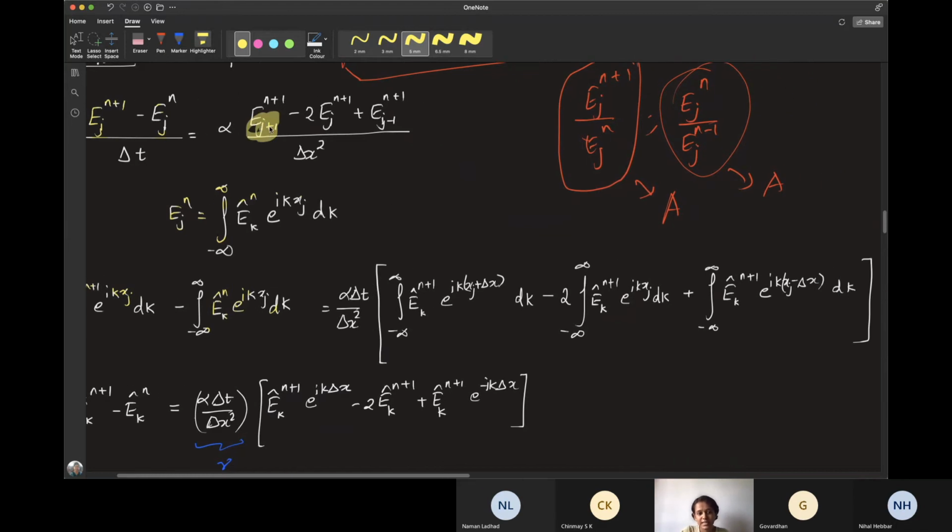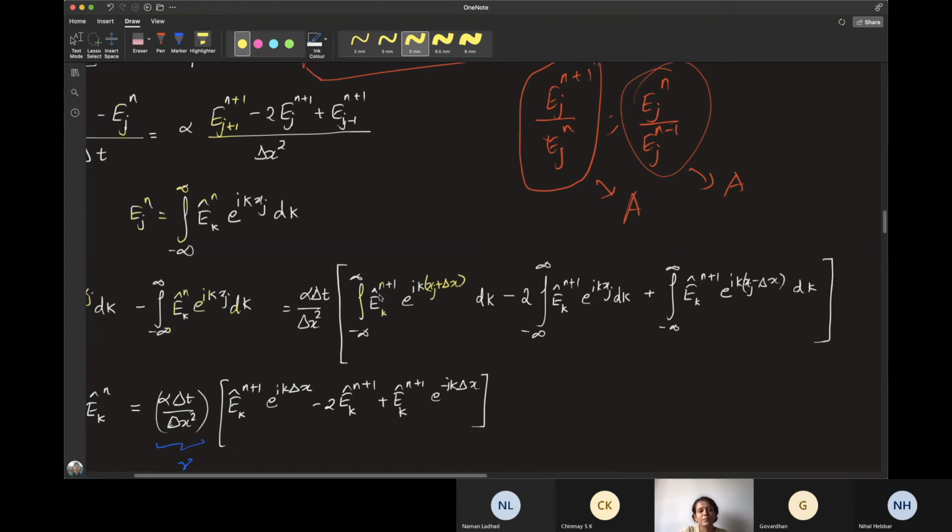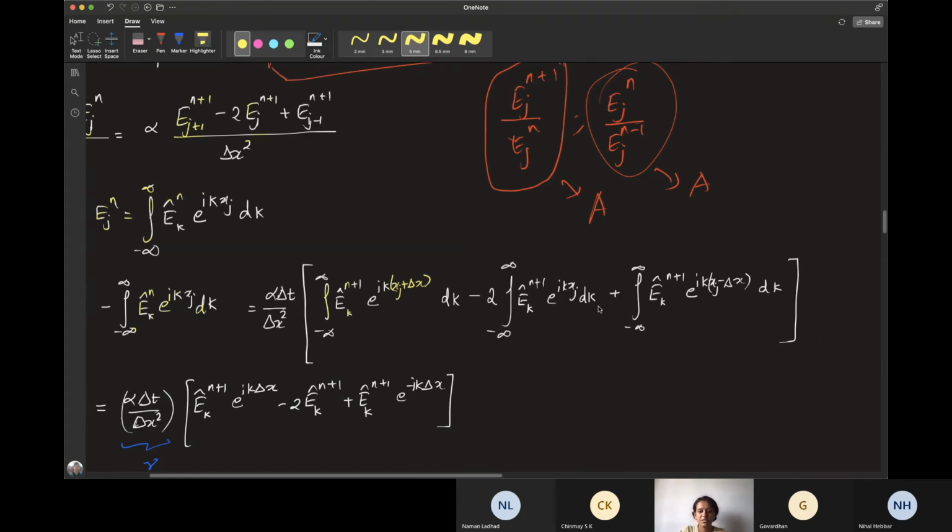Since this is at j plus 1, here we will have xj plus delta x. So I'm just writing it directly here, and this is at the n plus 1th time step. This term is just e power ik xj at the n plus 1th time step. And this is the exponential at xj minus delta x, at n plus 1.